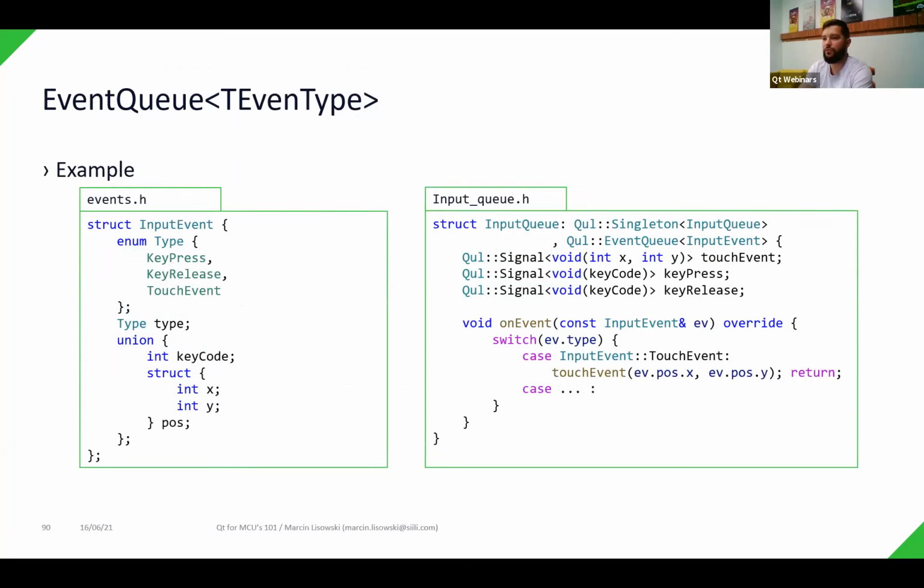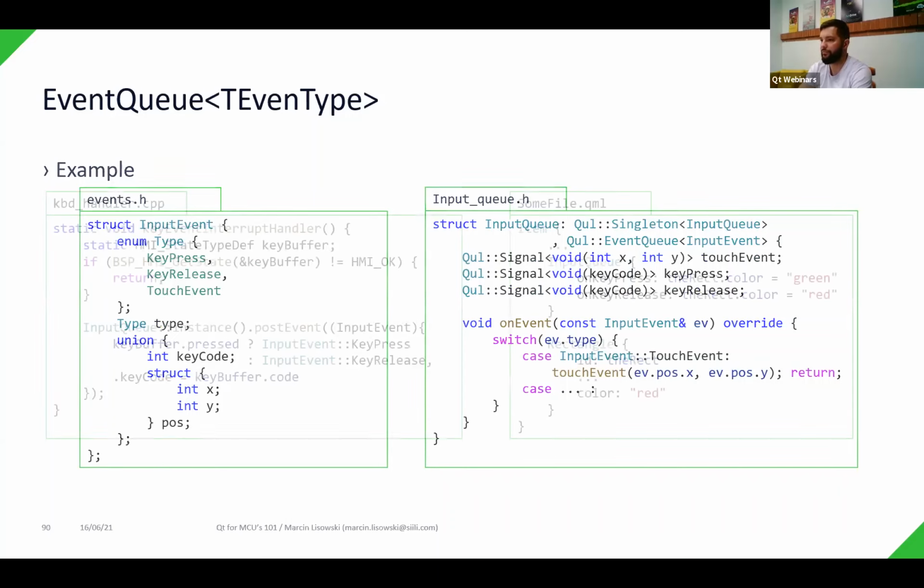We have some union there to pass different kinds of data, and on the right side you have a component that is going to be exposed from the C++ probably, and it also inherits from the event queue of the input event type, and it overrides the function on event that will be called each time anyone is sending a message in the event queue.